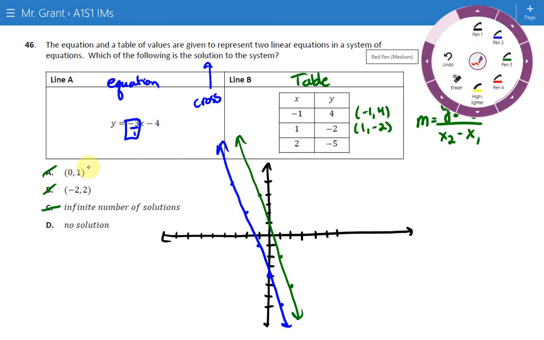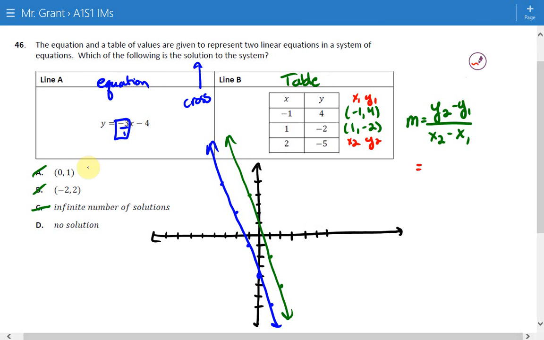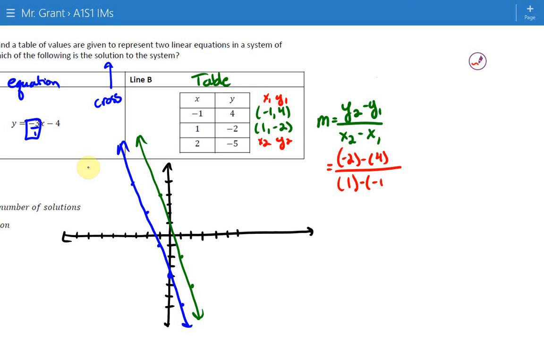We need to label these, so we'll maybe call this x1, y1, x2, y2. Just keep your 1's together, your 2's together, and your set. Points always go x, y. So y2 I labeled as -2, y1 was 4, x2 is 1, and x1 is -1. So as I go through and do the math, we get -6 over 2, which is -3.